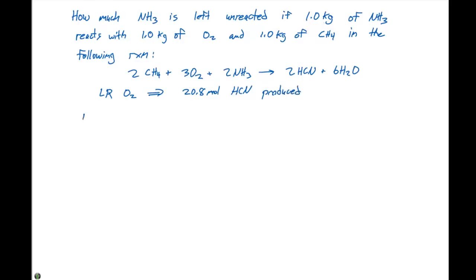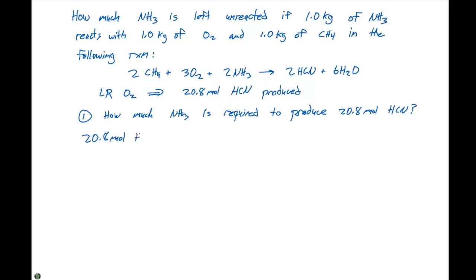So the first step is we want to know how much NH3 is required to produce 20.8 moles of HCN. So we're going to start with the 20.8 moles of HCN.